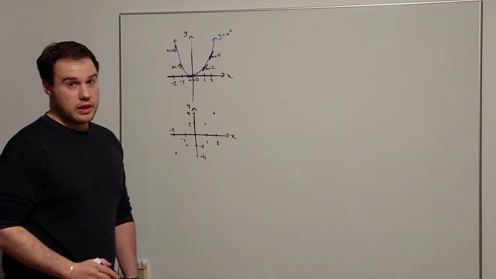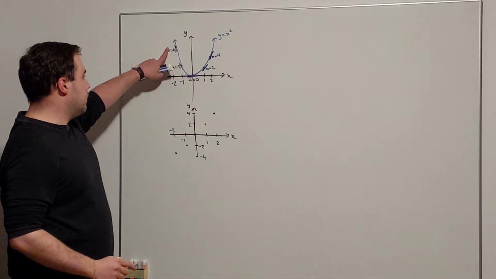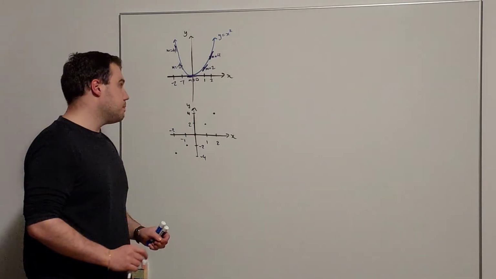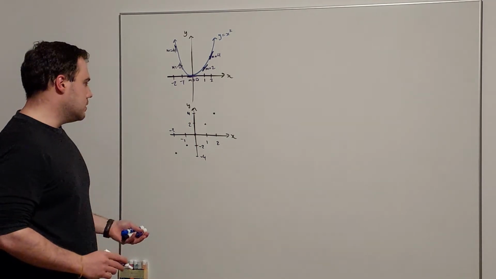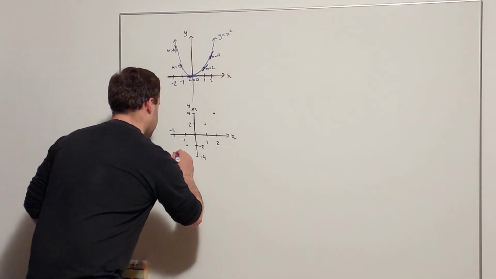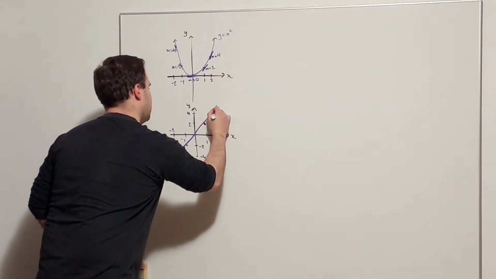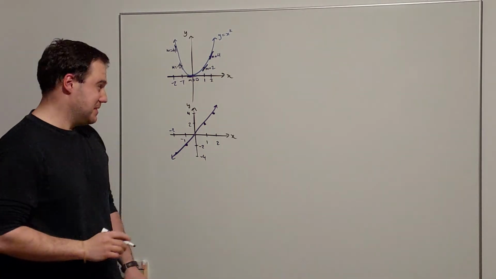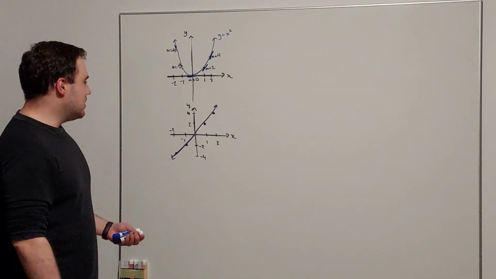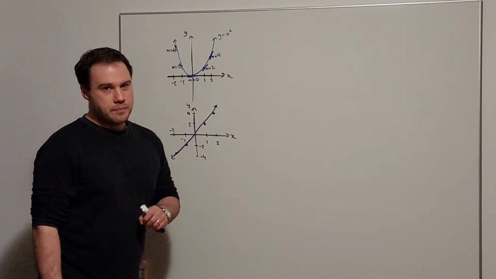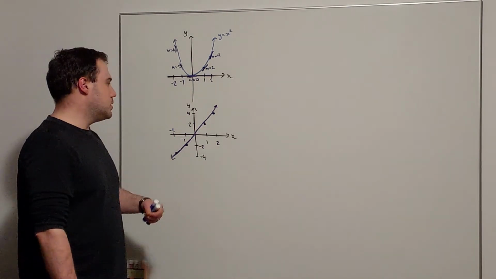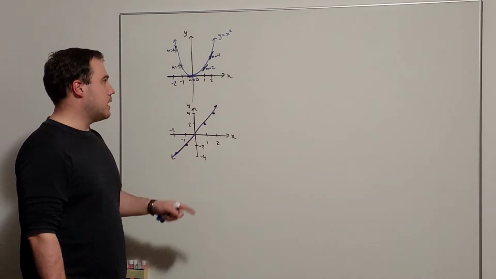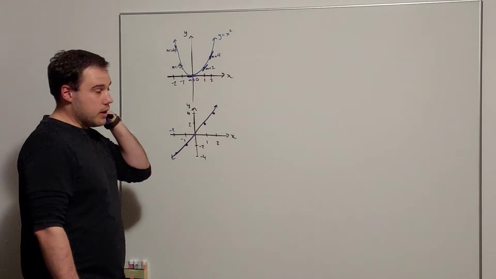So you can see that the gradients of the tangents at certain x values form a pattern and an equation. Let me draw the points a bit bigger so they hit there. This purple line is a function which is telling us the gradients of the tangents at these x coordinates for the graph y equals x squared.